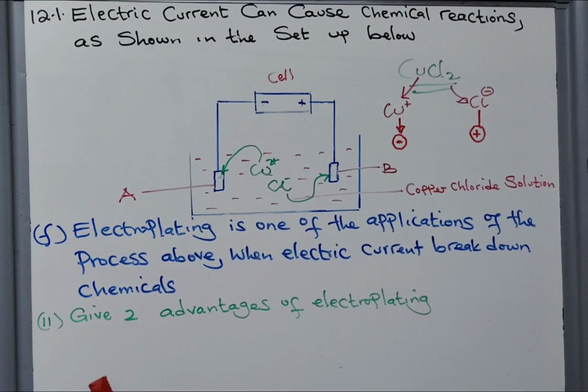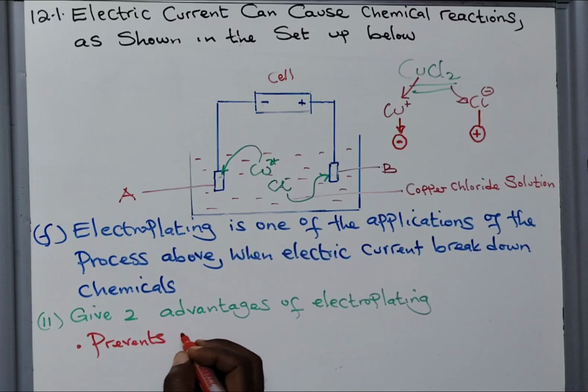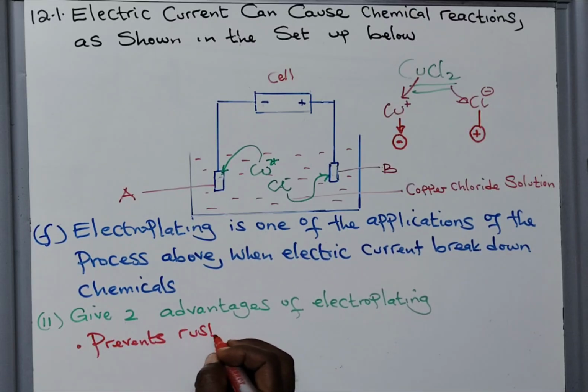Then comes this one. It says, give 2 advantages of electroplating. What are the advantages of electroplating? One, it prevents rusting. We have to know that iron has some weaknesses and it's one of the most abundant elements.